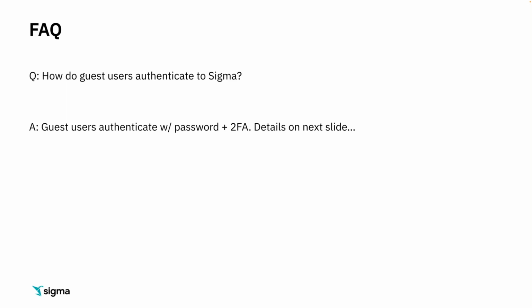If you have a single sign-on system like Okta, you probably don't have your guest users in there because it's for internal purposes. So the way we decided to design this is that guest users authenticate with password when they're logging into Sigma. We also recommend that you use two-factor authentication. Sigma has two-factor authentication built into it. It's an option which you can enable in the admin panel.